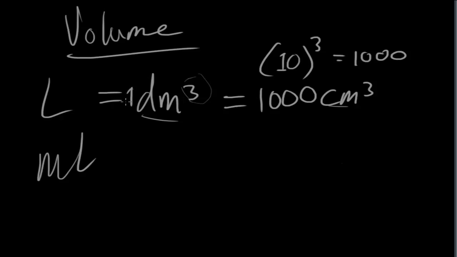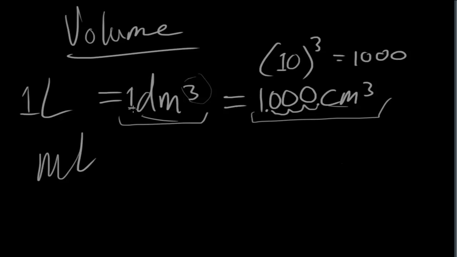And that's why 1,000 centimeters cubed is basically equal to a decimeter cubed. So if this was 1 decimeter cubed, let's say 1 liter, to convert units from say 1,000 centimeters cubed to 1 decimeter cubed, what we need to do is, if there was a decimal point here, shift it 3 places, 1, 2, 3 places to the left.